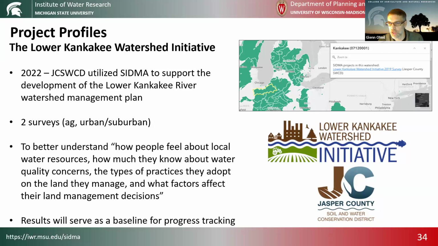And their goal in utilizing SIDMA was to develop a baseline for how people feel about local water resources, how much they know about water quality concerns, the types of practices they adopt on the land they manage, and what factors affect their land management decisions. That was from their management plan. And again, they'll use this as a baseline for evaluating performance in the future.